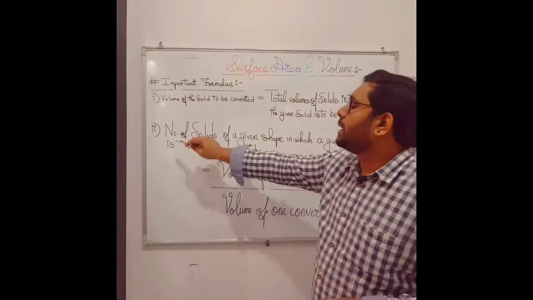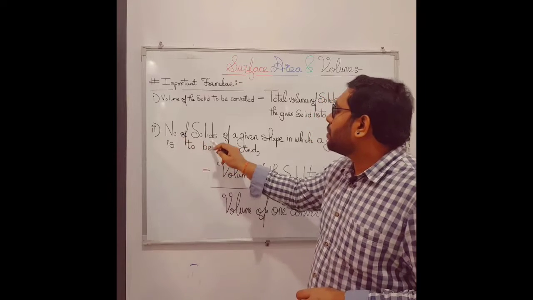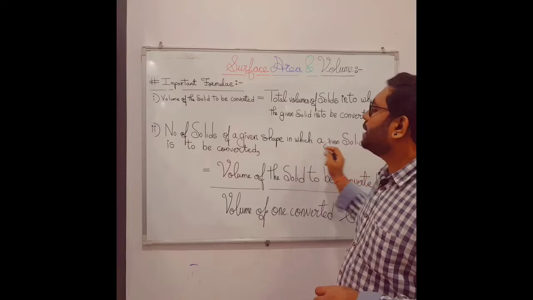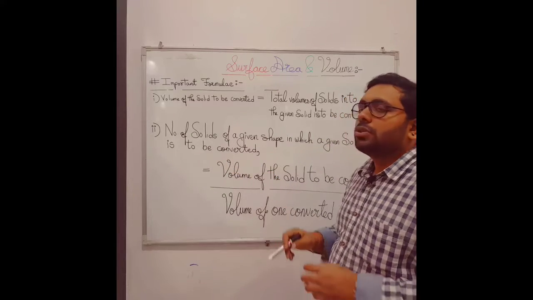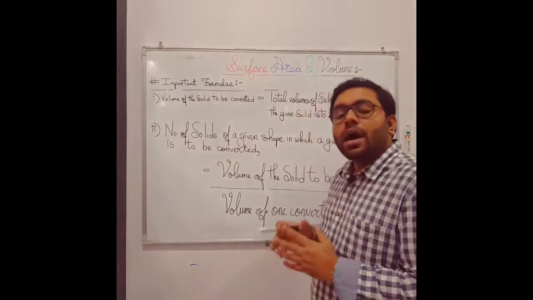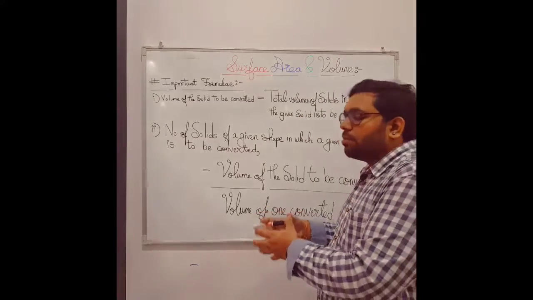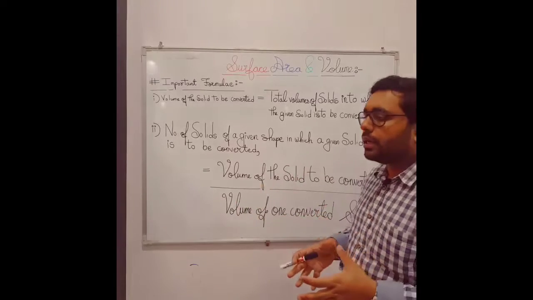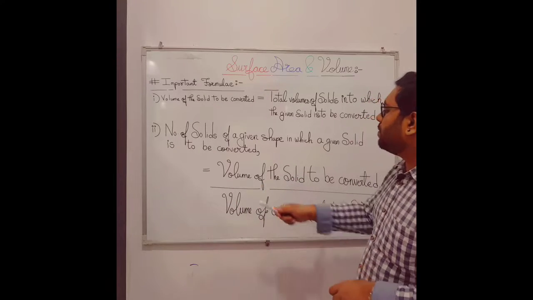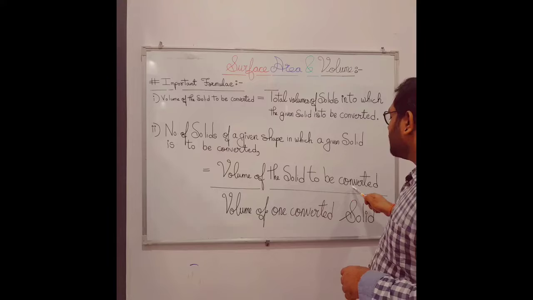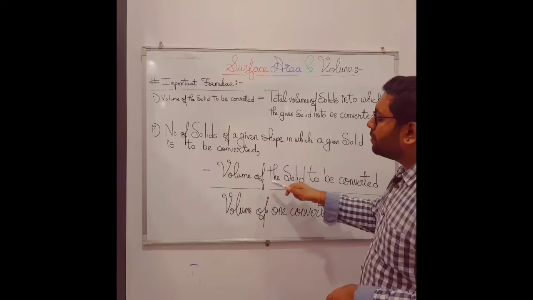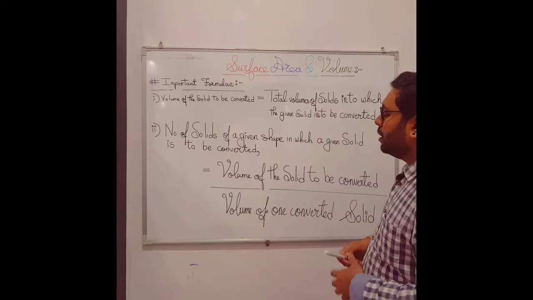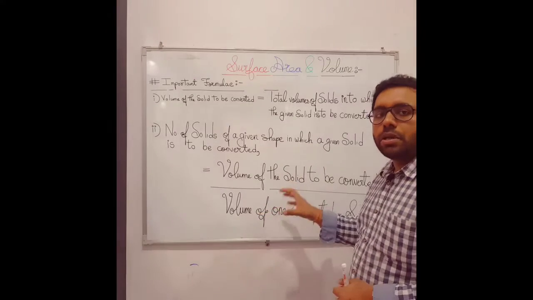Similarly, let's see the second formula: the number of solids of a given shape into which a given solid is to be converted. Over here you need to find how many smaller objects have been formed from a bigger object. For that, you always take the volume of the solid to be converted, or in other words the volume of the bigger object, upon the volume of one converted solid, the volume of a single small solid.